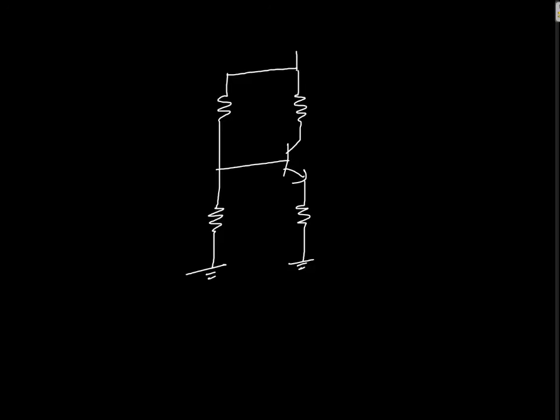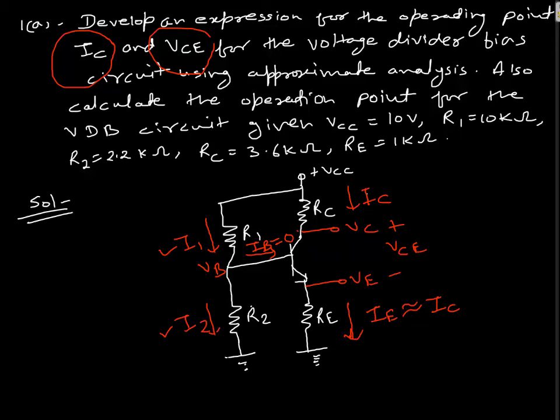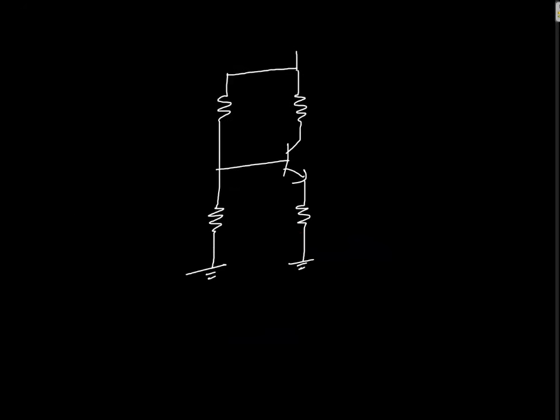Now, as per the question, what is given? VCC is 10 volt, R1 10 kilo ohm, R2 2.2 kilo ohm, RC 3.6 kilo ohm, and RE 1 kilo ohm. So let's write those values.